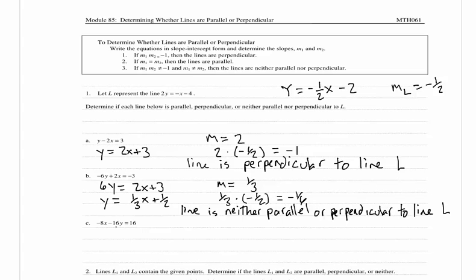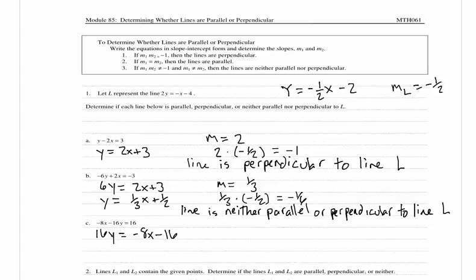In C, we have -8x minus 16y is equal to 16. So I'm going to add 16y to both sides and subtract 16, and I get 16y is equal to -8x minus 16.